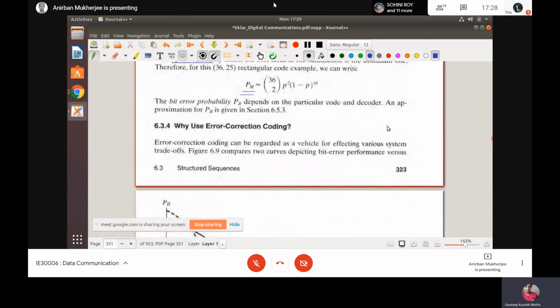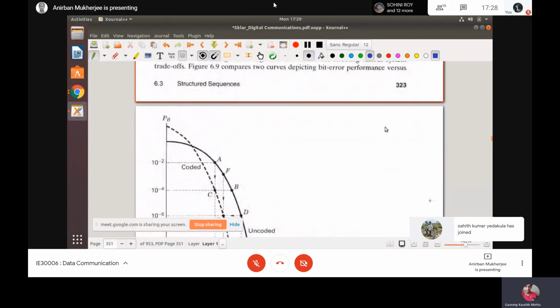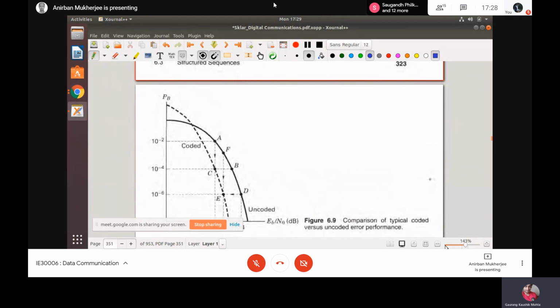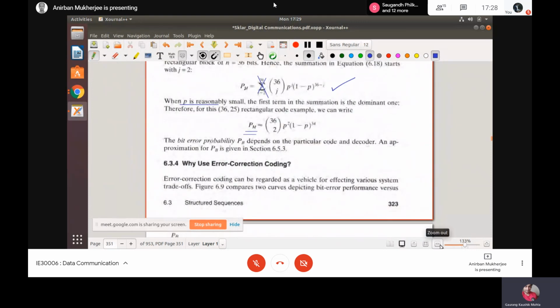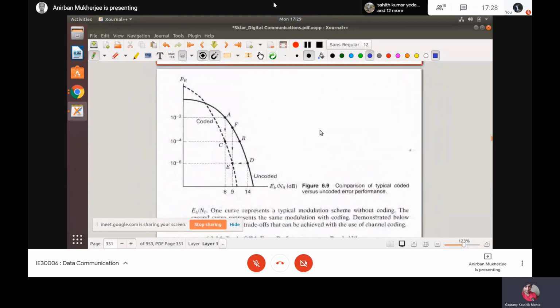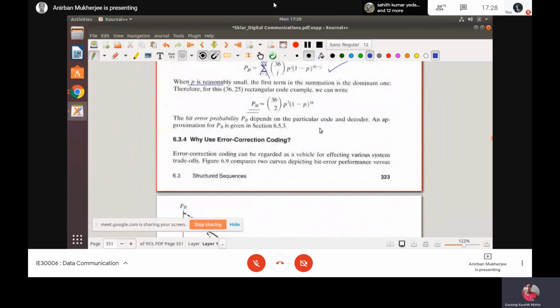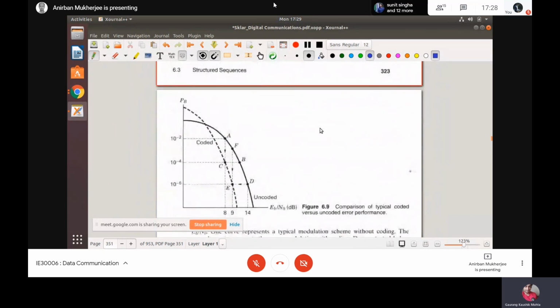Now the question is why will I use the error correction code? Why will I do the error correction coding? Now you see that we know these characteristics. These characteristics is the probability of bit error divided by EB by N0.